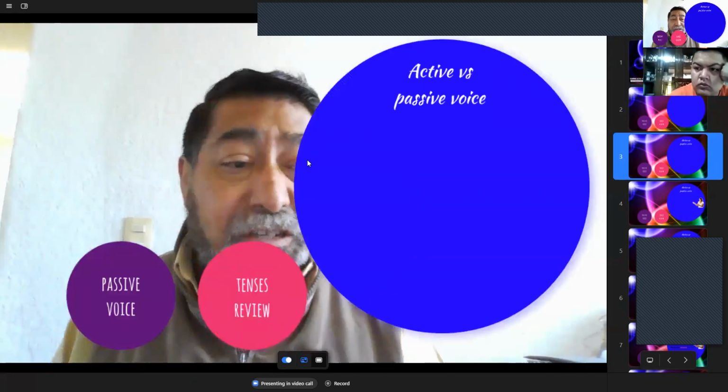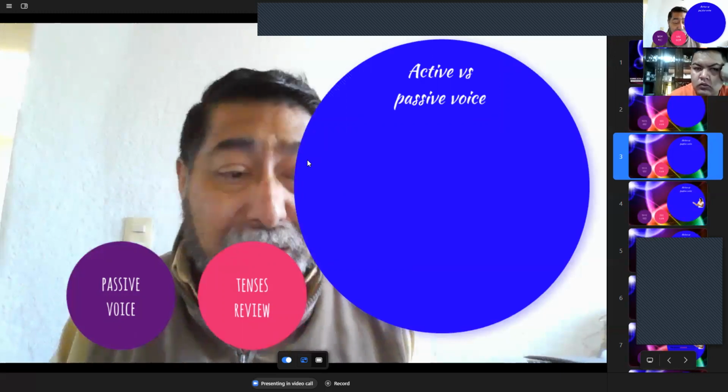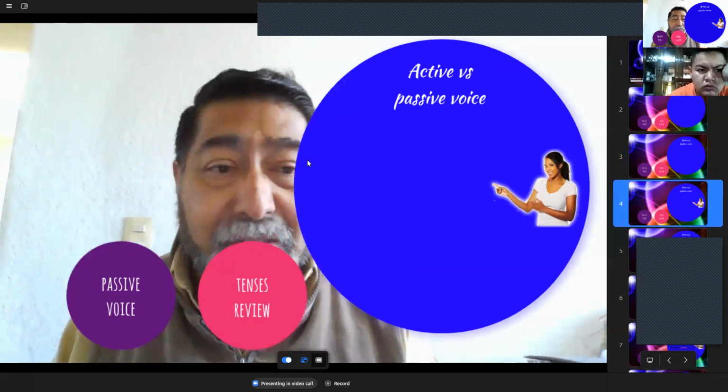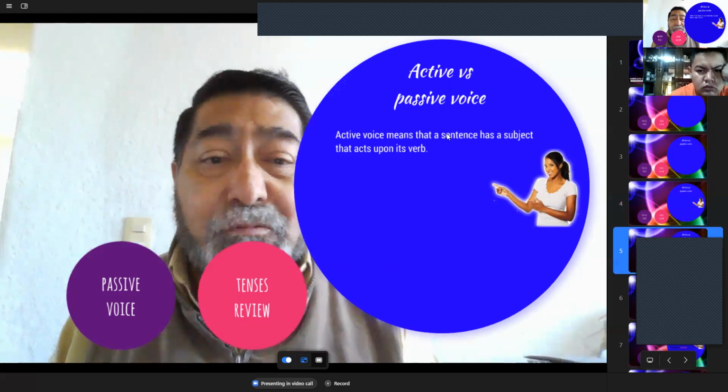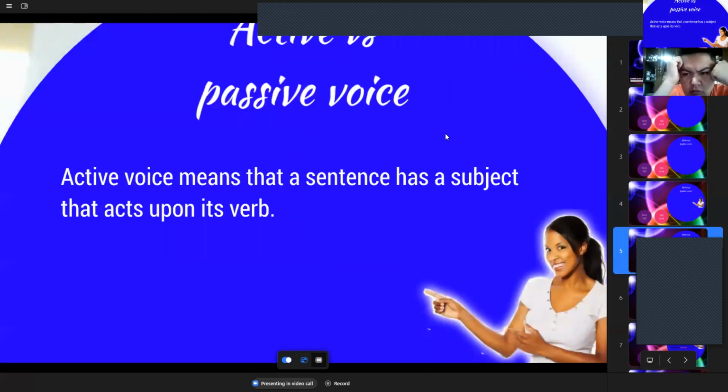Now let's start by analyzing what is the most important thing when we work with passive voice. Here we have this information, active versus passive voice. What is active voice? Can you help me reading?